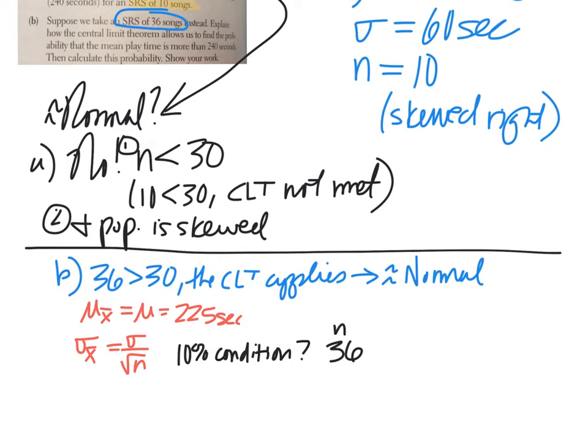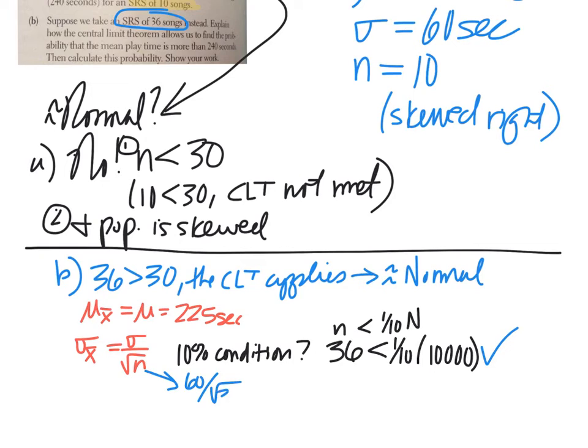That's the sample size. And that definitely is less than 10% of the whole population, because they told us that there were 10,000 songs on the iPad. So the 10% condition is met, which means I'm allowed to use this formula. So I'm going to do 60 divided by the square root of 36, which is kind of convenient. I get 10 seconds for my standard deviation.